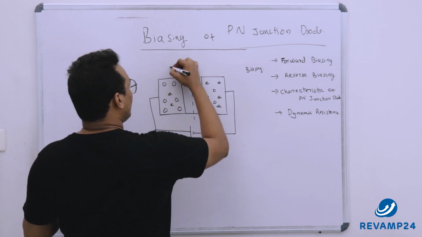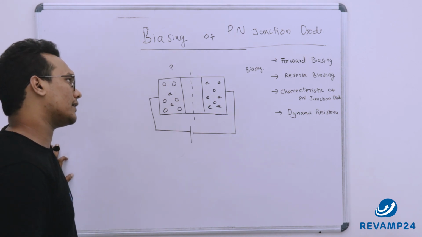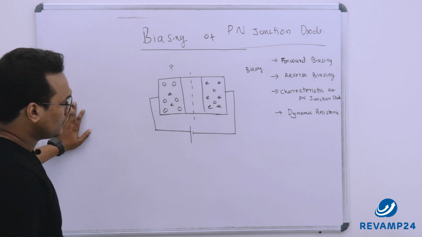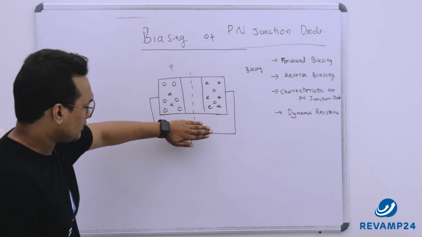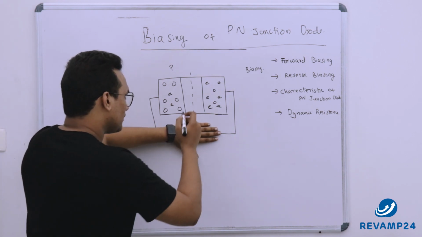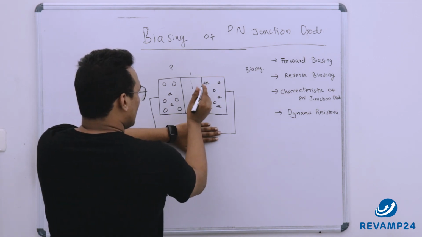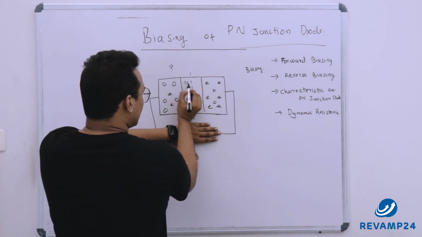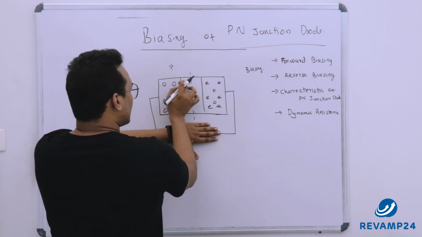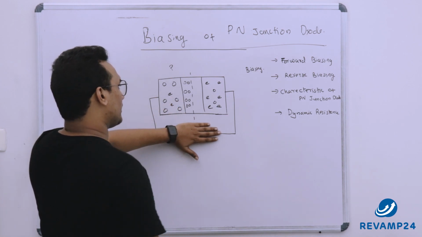Now we will see what will happen when a PN junction diode is forward biased. As I have explained, it is simply connecting the P type with the positive terminal of the battery and the N type with the negative terminal of the battery. Now first we will ignore the fact that the cell is connected here. How is this depletion layer formed? Previously we had holes here, right? Because this is a P type semiconductor, majority charge carriers are holes here and minority charge carriers are electrons.